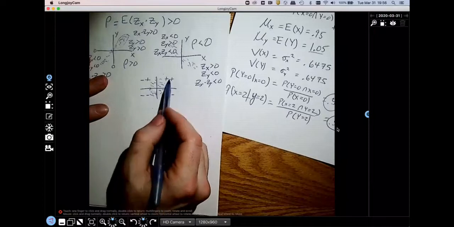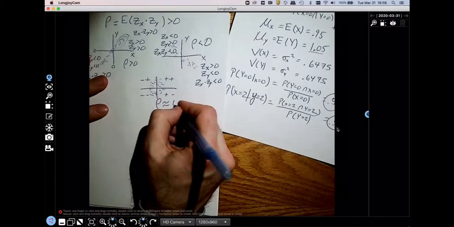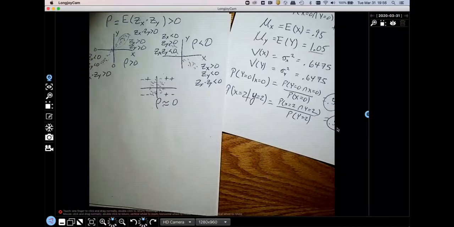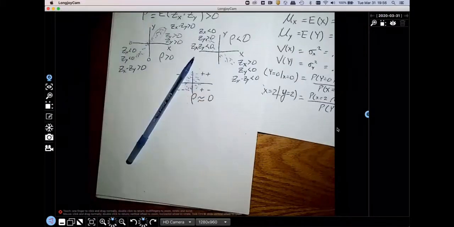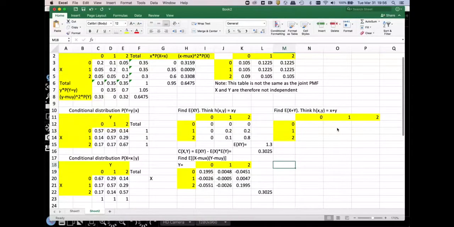So I have a bunch of positives and a bunch of negatives. Rho will be about 0 in that case since I'm averaging these z values. All right, so that's a very simple interpretation of a correlation coefficient. I hope that helps with your intuition of this.